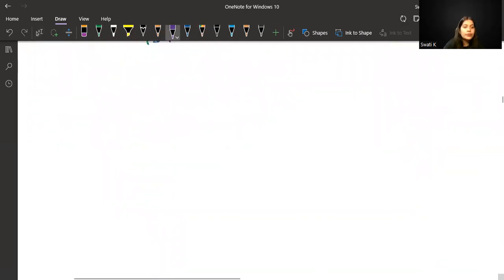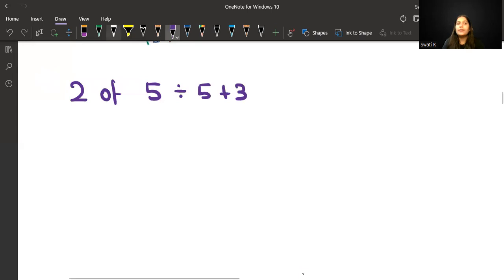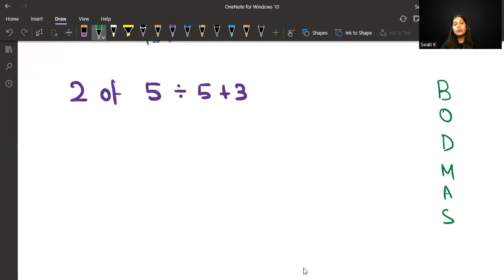The next question we have to solve is 2 of 5 divided by 5 plus 3. So here we have this term of. In BODMAS, that means of comes before D, that means it comes before division. So you have to solve your of part first. So 2 of 5, that means you have to multiply.